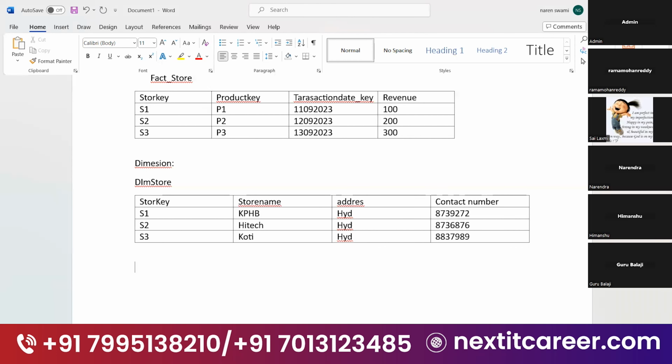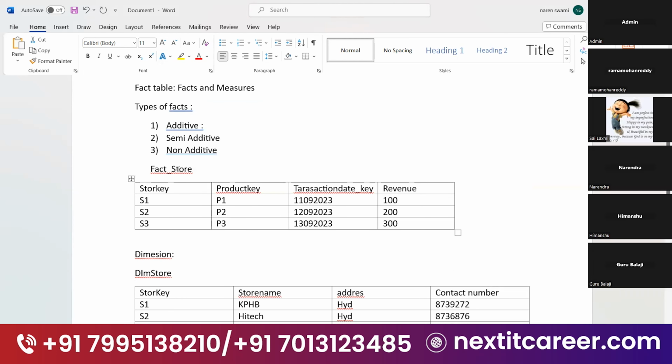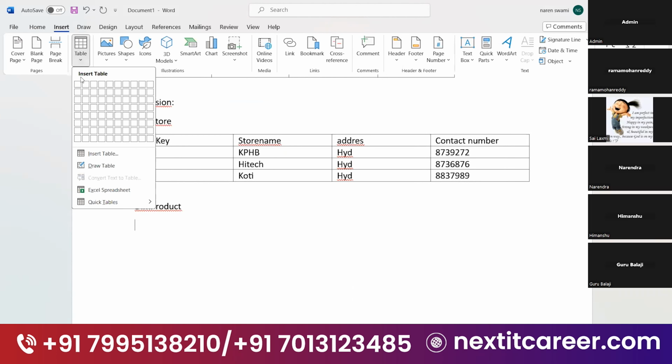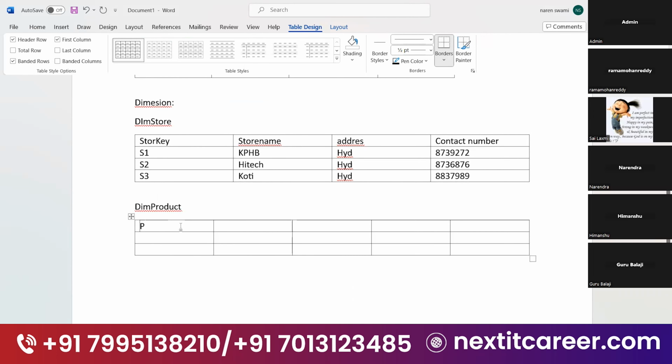In the same way, I will have one more dimension called dim product. Remember, every dimension will have a prefix of dim, and every fact will have a prefix of fact. Suppose I take this product table. The first column is the product key.